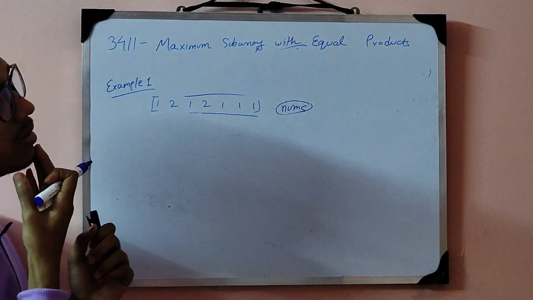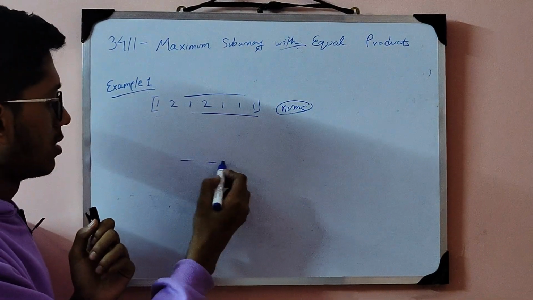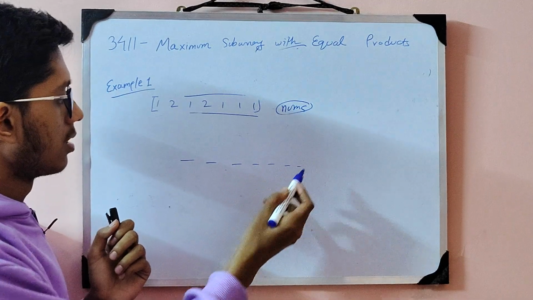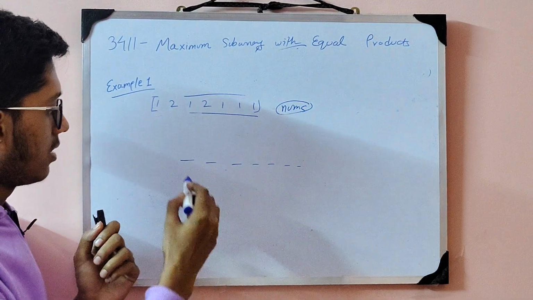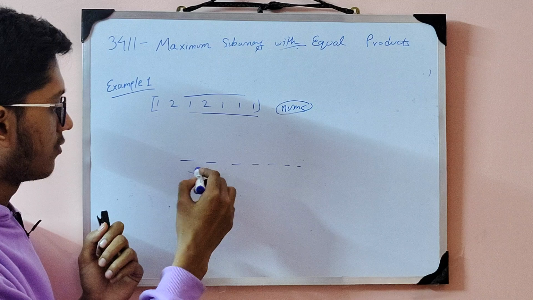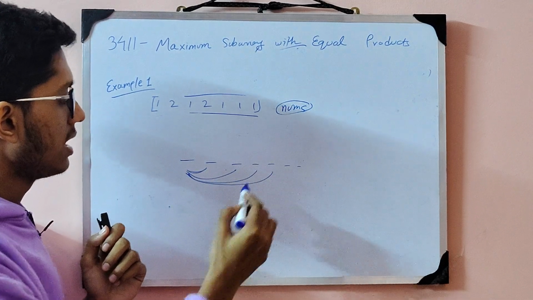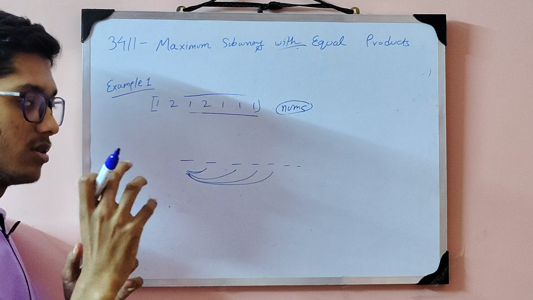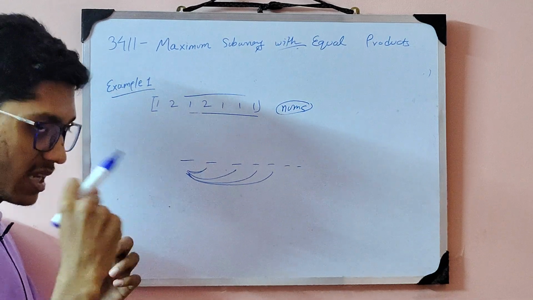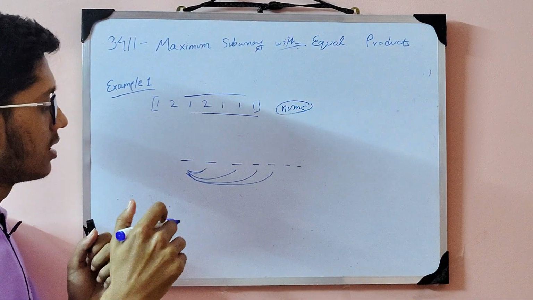What we do is we are first of all checking for this one, then this one, then this one, then this one. This way we are taking all the possibilities, right?